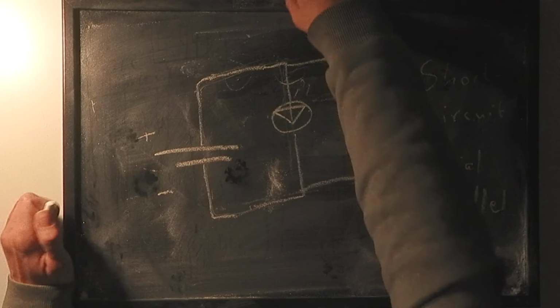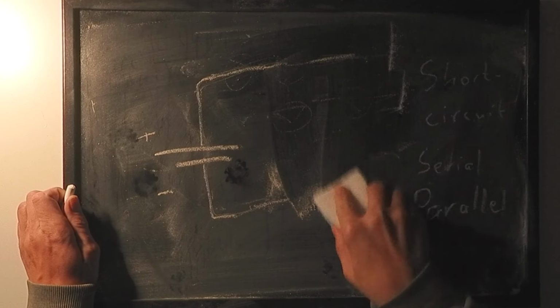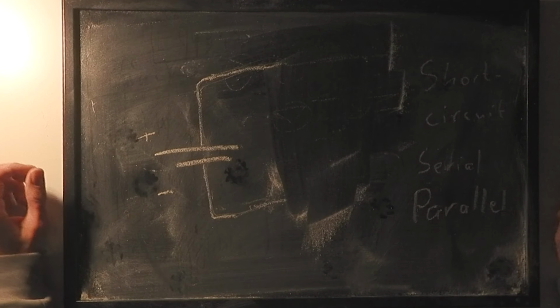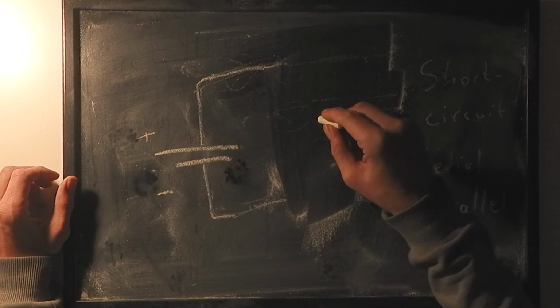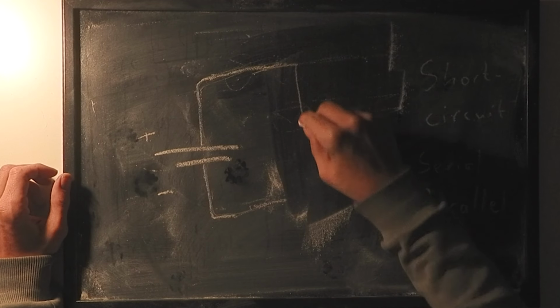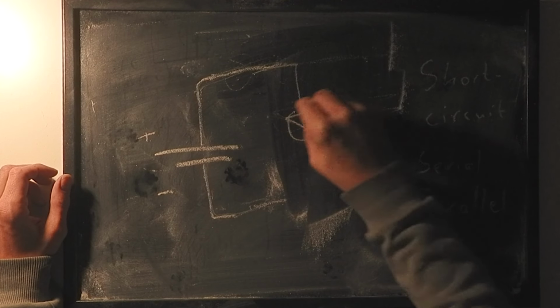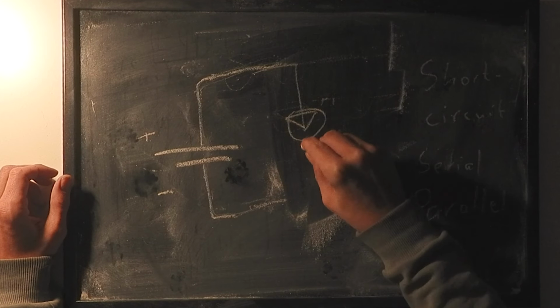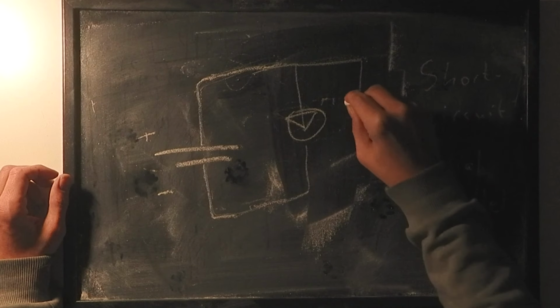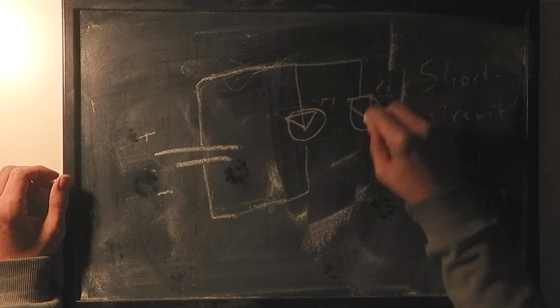So another thing which is good to know is, let's say we have a connection that looks like this. So we have one of these lights here, and same as before, we have another one here.